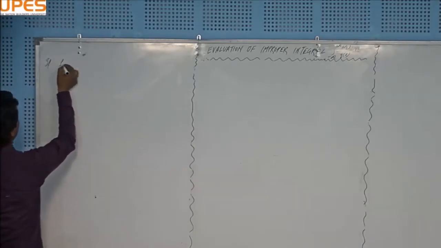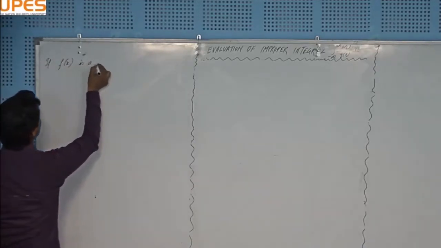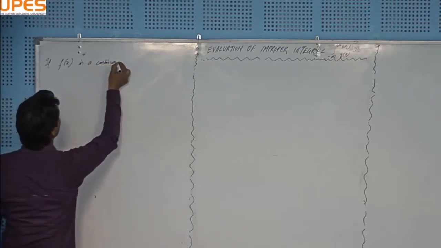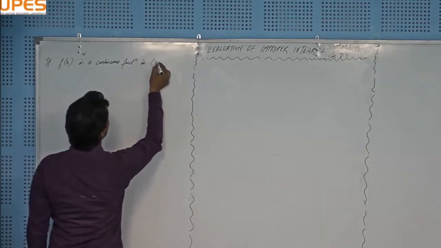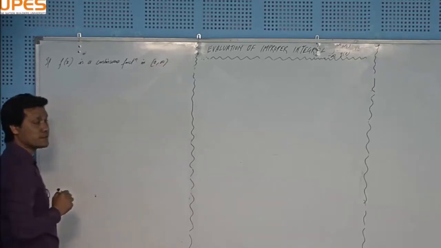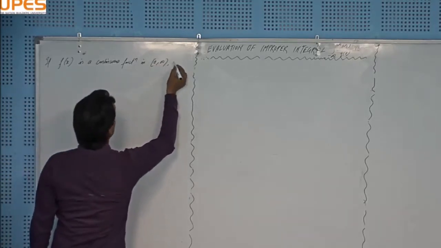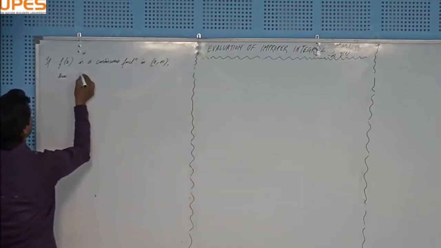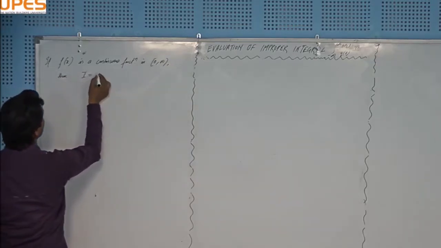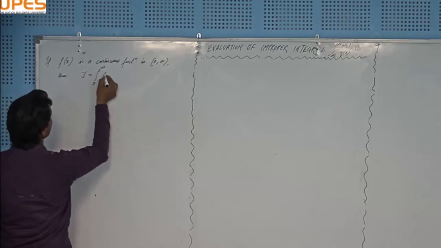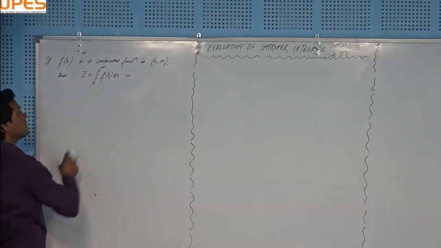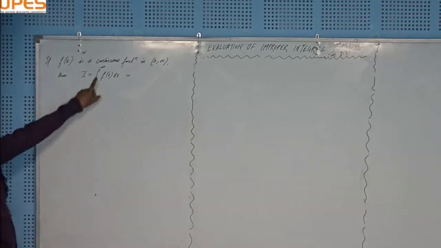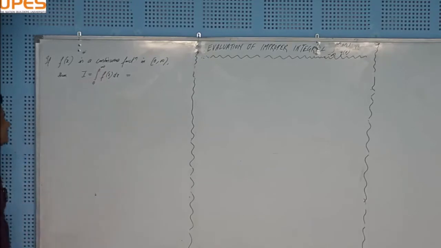If f(x) is a continuous function in the interval 0 to infinity, then capital I equal to integral 0 to infinity f(x) dx is, in order to evaluate this improper integral, why we are saying it improper, because the upper limit is infinity, right?